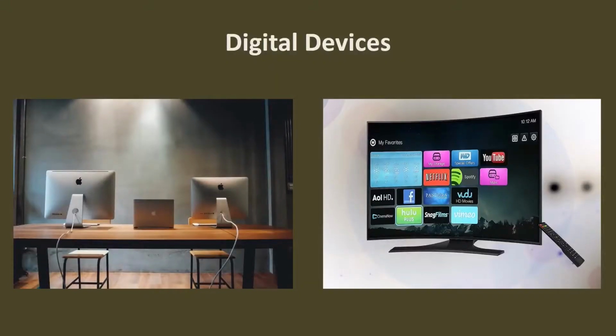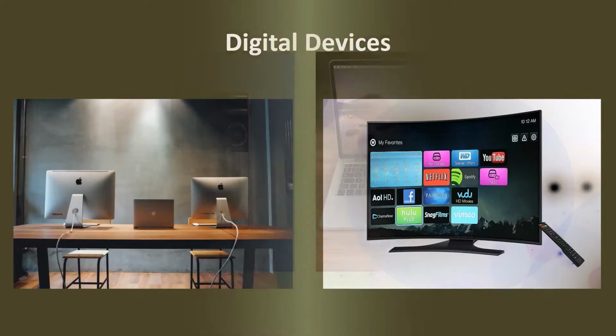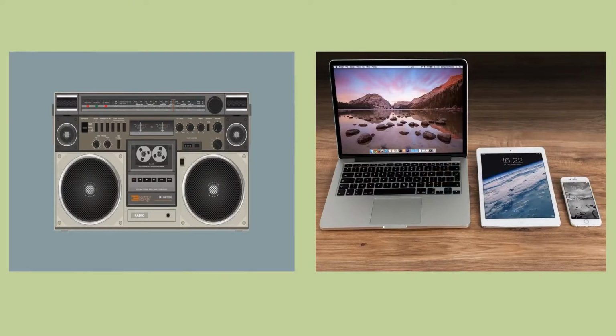So ICT includes digital devices and application software. ICTs are not limited to application software. They include digital devices such as computers, tablets, smart boards, mobile phones, all those digital devices. And as you are aware, digital devices don't work on their own. We need application software for that.